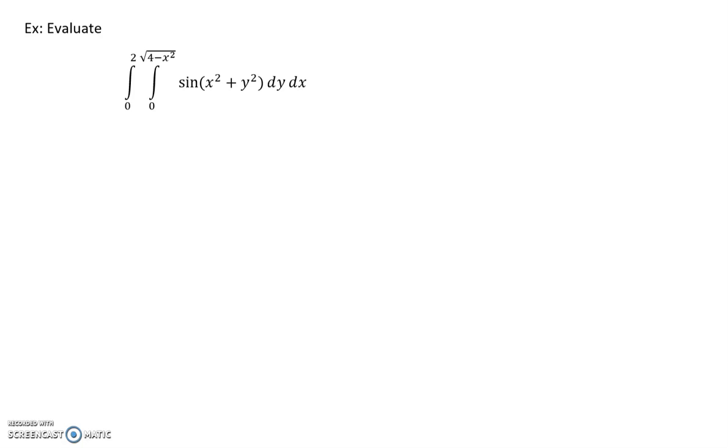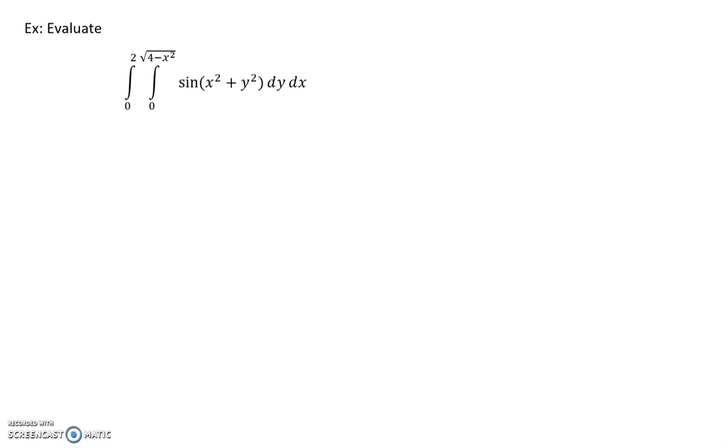We can, A, recognize that we've got some different equations here that look fairly circular. So things like x squared plus y squared, and a square root of 4 minus x squared, which looks like a semicircle. So we might already be thinking polar coordinates.